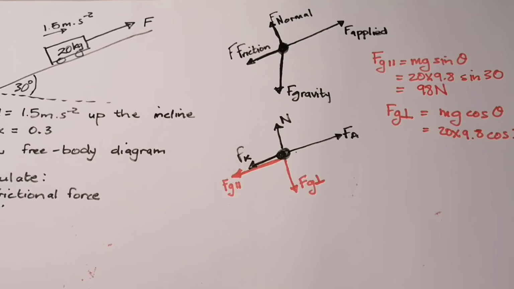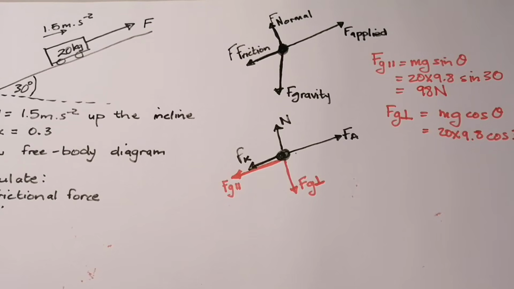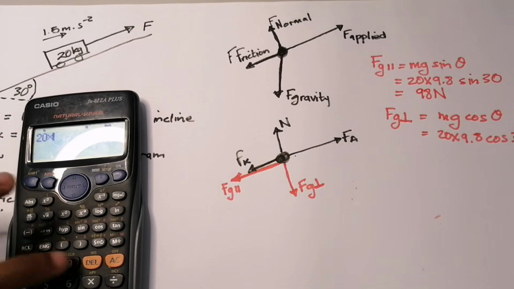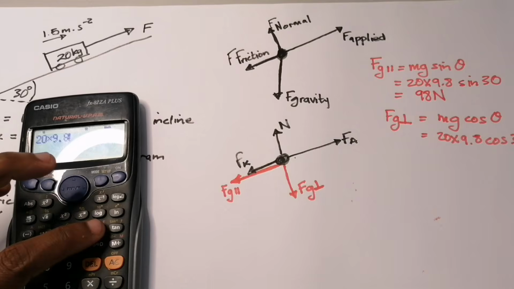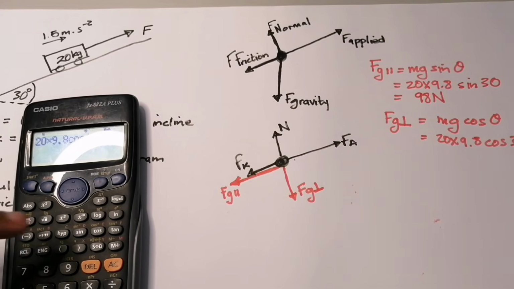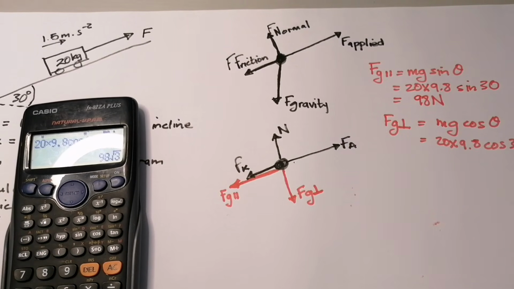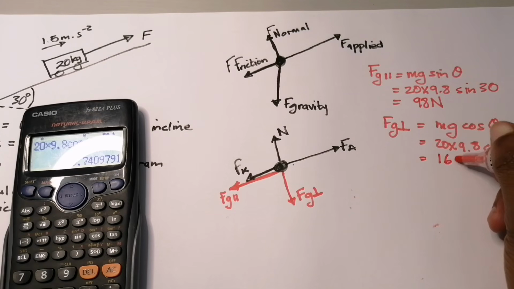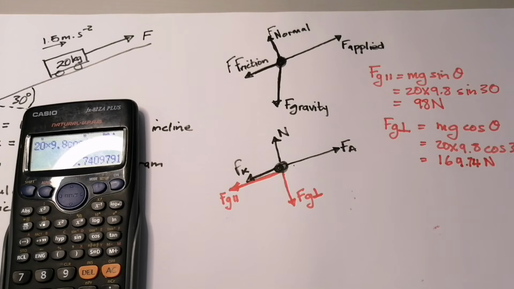Let me just put my calculator there. So that's 20 times 9.8 times the cos of 30, and I get 0.74 newtons. If you so prefer, you can actually calculate within the equation when you've just generated the equations.